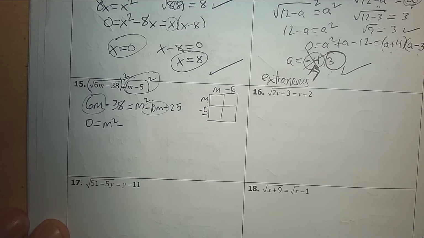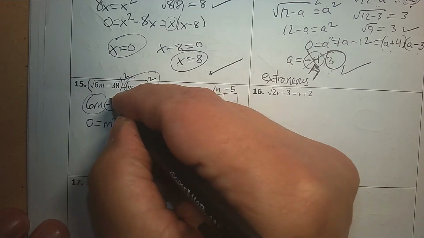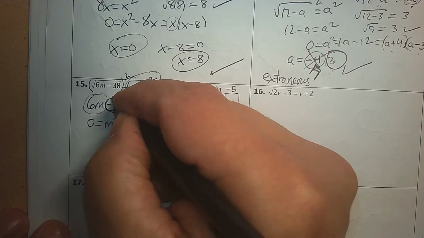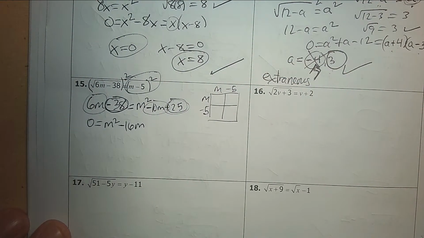Oh, 16. So negative 16. How about negative 38 and 25? What would I do? Subtract 4. Negative 38 and positive 25. What would you do? Add 4. Yes, add 38, right? 25 plus 38.